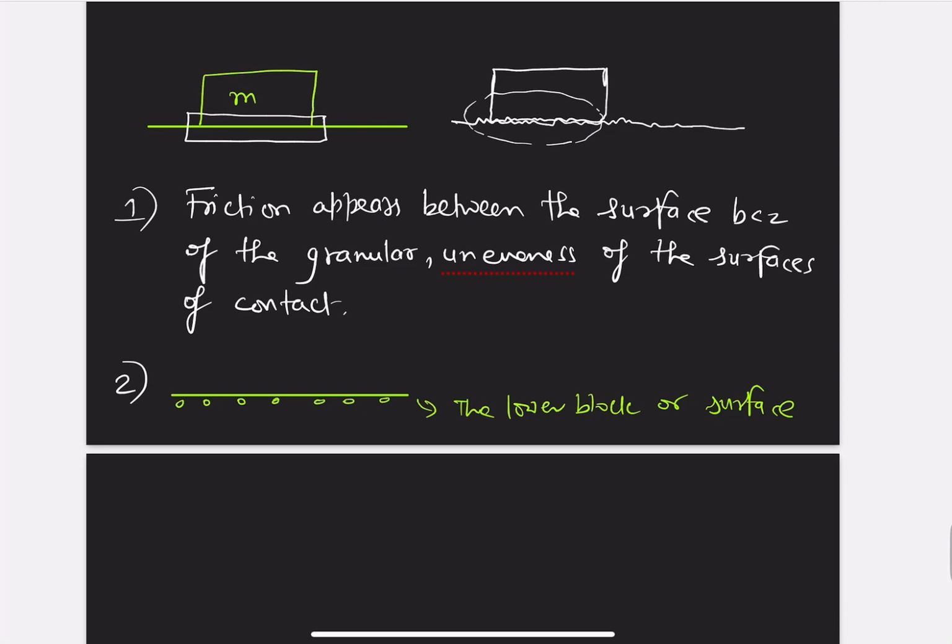In the similar fashion, if I make the upper block here, I'll show the space in between so that I can show what I am trying to convey. Suppose there are these molecules.